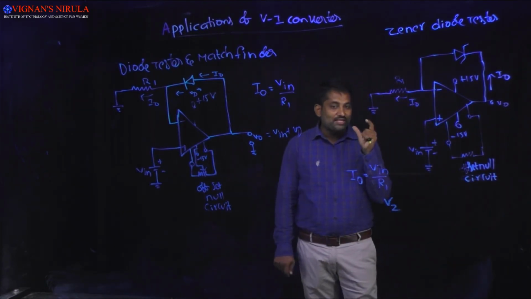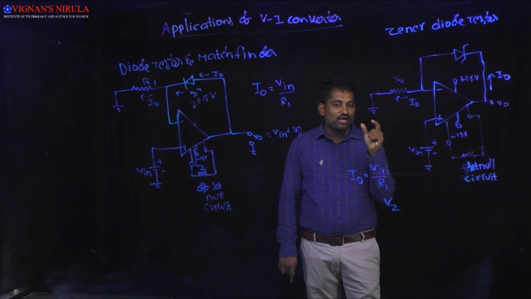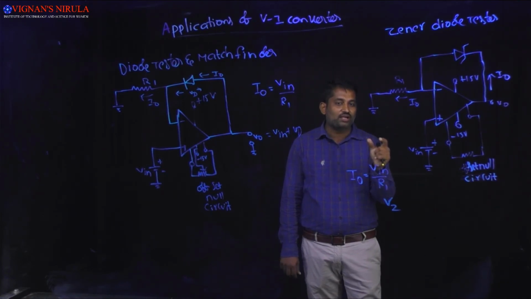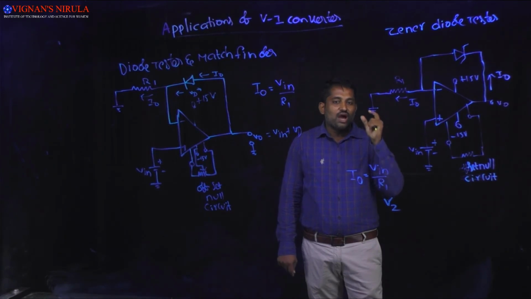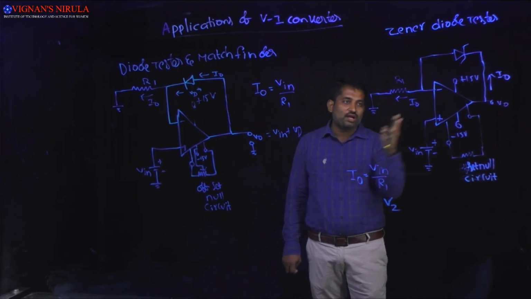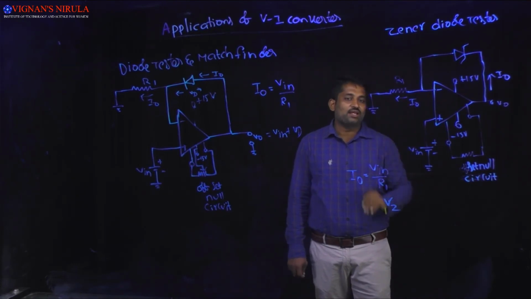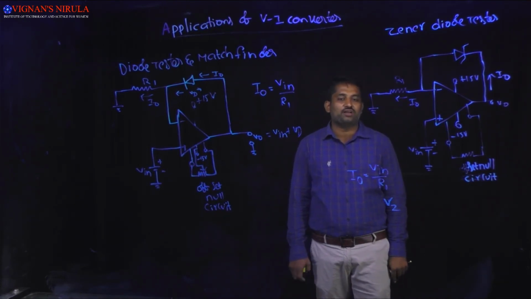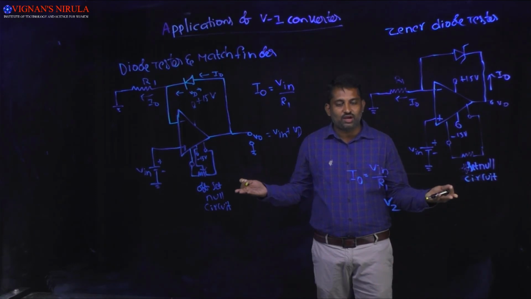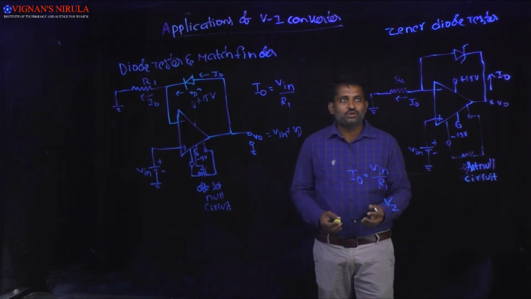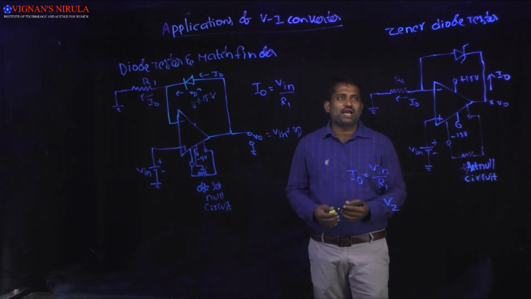So while setting the output current I0, take care of the values of Vin and R1. The I0 value should be greater than the knee current of the Zener, otherwise the Zener will not be rated. Okay, like this we can calculate the Zener diode tester.